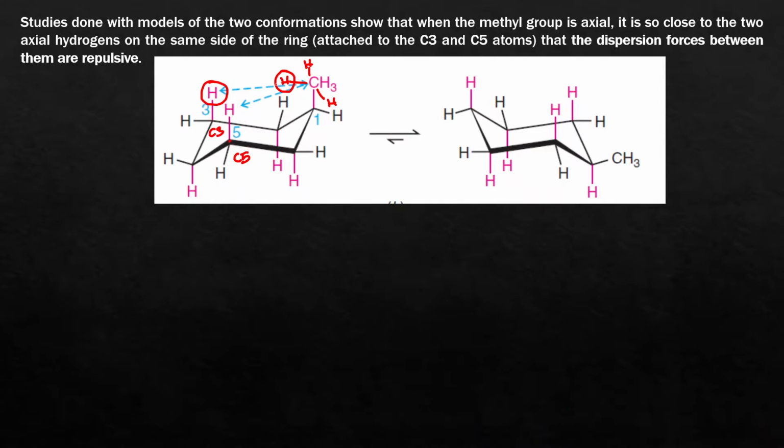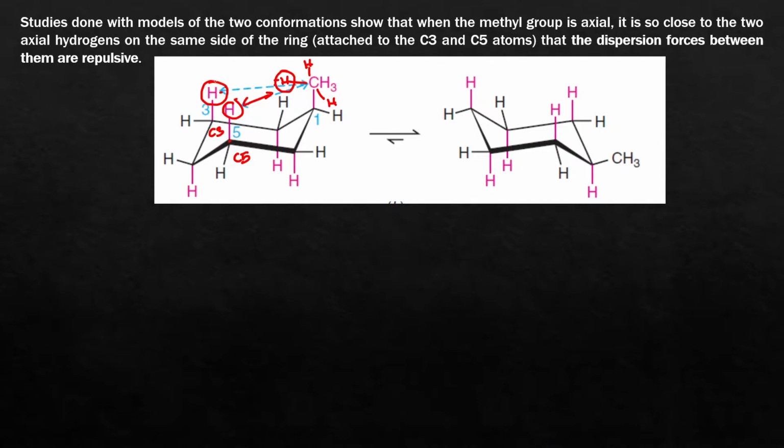This type of interaction is called 1,3-diaxial interaction, or 1,5-diaxial interaction, because you can see that these hydrogen atoms are very close to each other. That's why the electron clouds surrounding those hydrogen atoms start to repel each other.